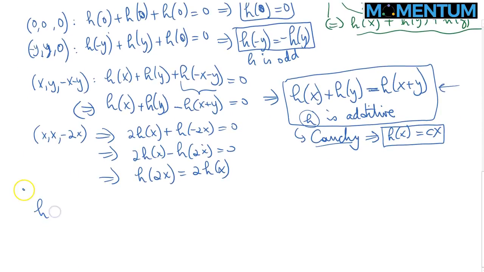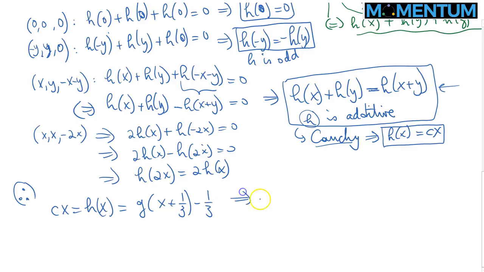So therefore finally, cx equals h of x, and h of x can be replaced with g of x plus 1/3 minus 1/3. But then we can move things around, so this would imply cx plus 1/3 is equal to g of x plus 1/3.